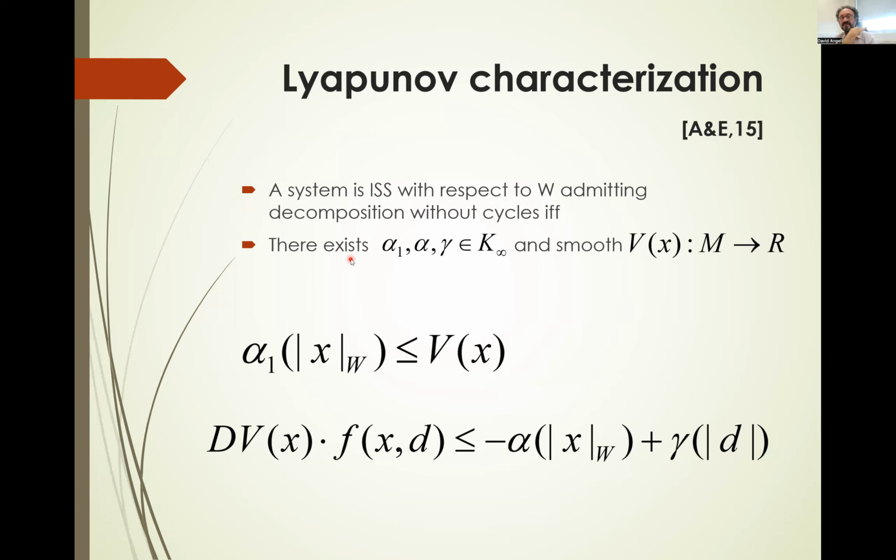Somehow the sublevel sets of the Lyapunov functions are not useful in determining where you're going to end up asymptotically, okay? And that's why the proof is quite different.